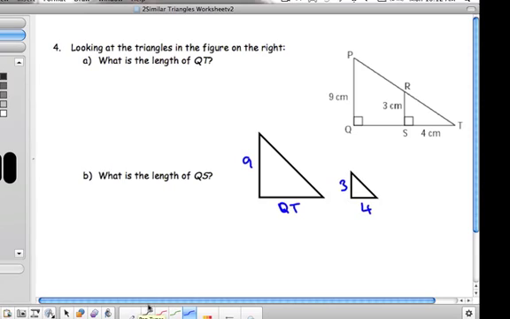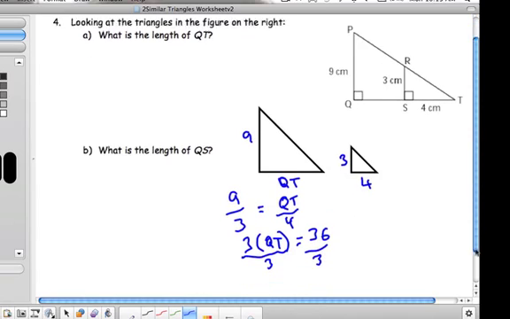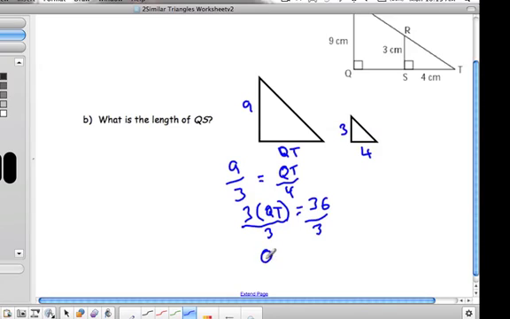And we'll set up our proportion here. So it's 9 over 3 is equal to side QT over 4. Cross multiply, 3 times QT is equal to 36. We divide both sides by 3, and we get side QT is equal to 12, and the units will be centimeters.